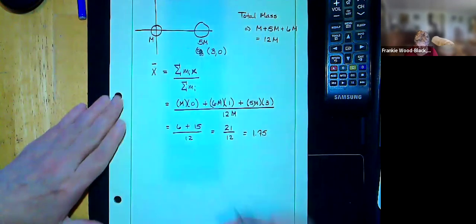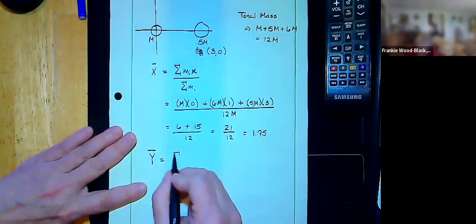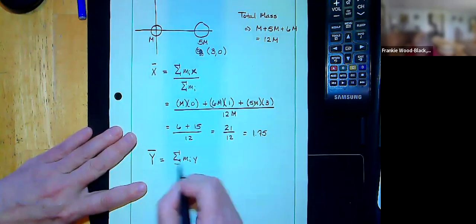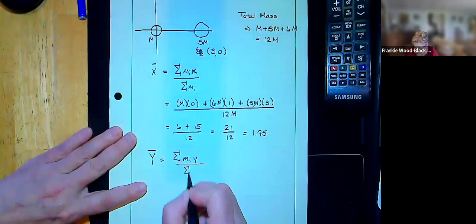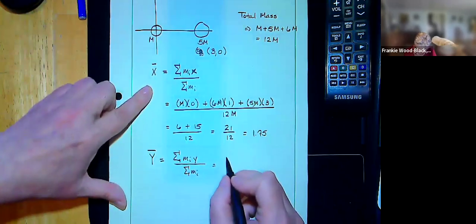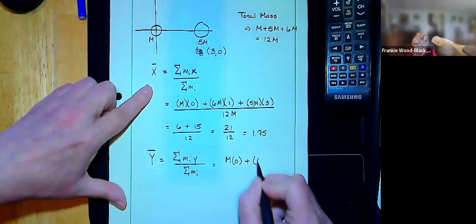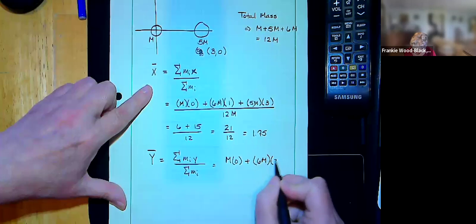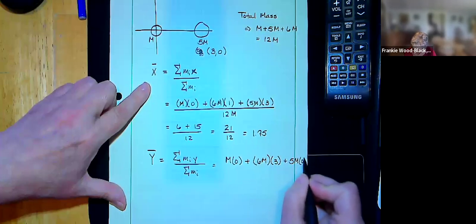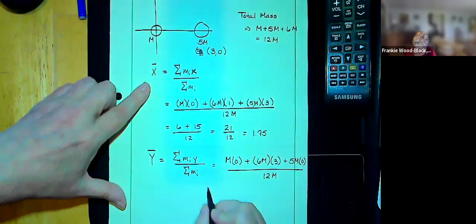I can calculate the y, and you're going to follow the same procedure. Now this one is at 0, so m is at 0. My 6m is at 3. And my 5m is at 0. And it's all divided by 12m.